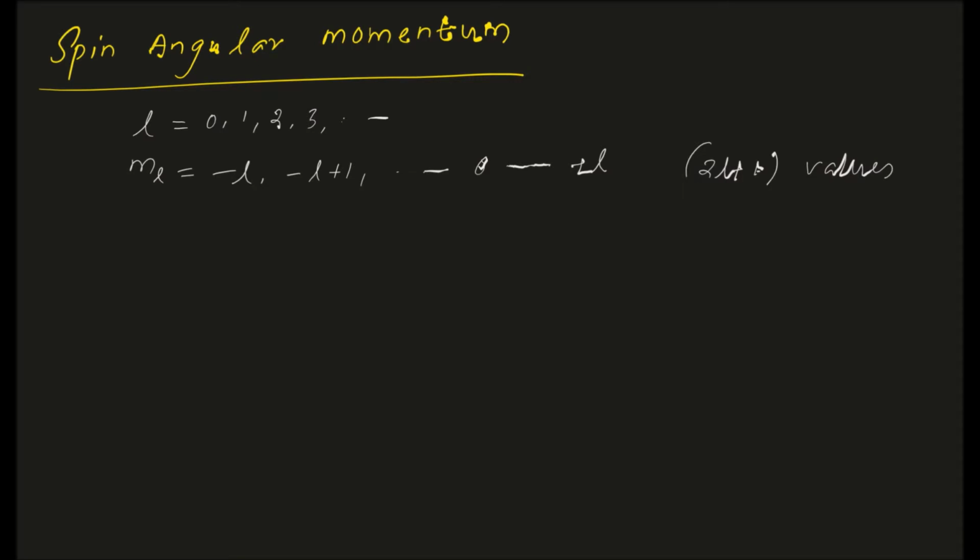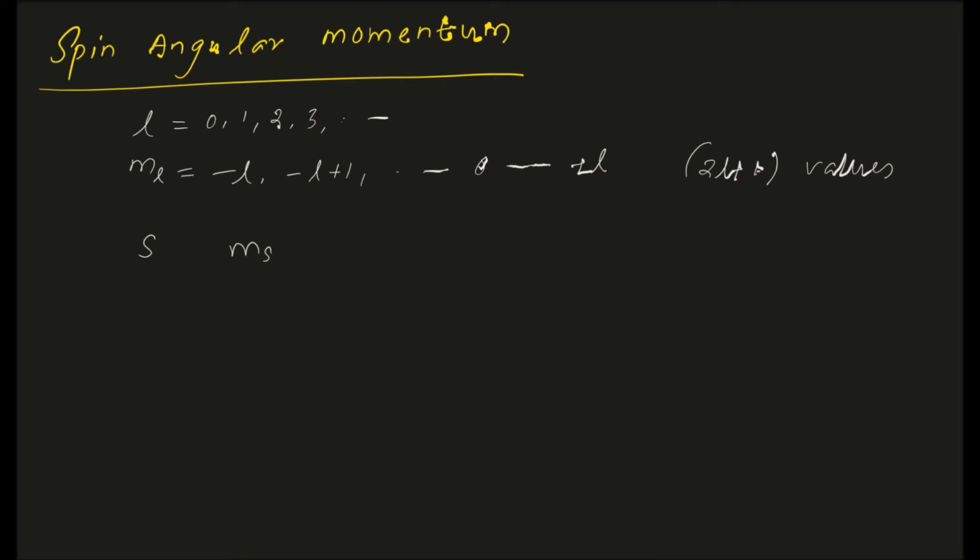Now, by analogy with the orbital angular momentum of a particle, the spin angular momentum is also characterized by two quantum numbers: the spin quantum number s and its projection to the z-axis, or along the direction of a magnetic field, which we represent by m_s.